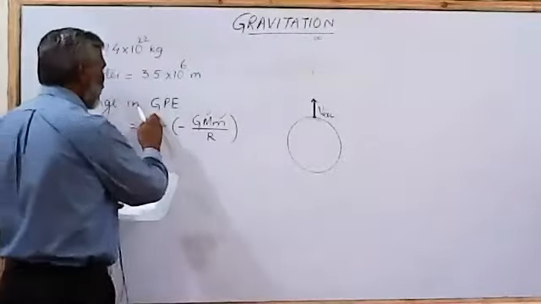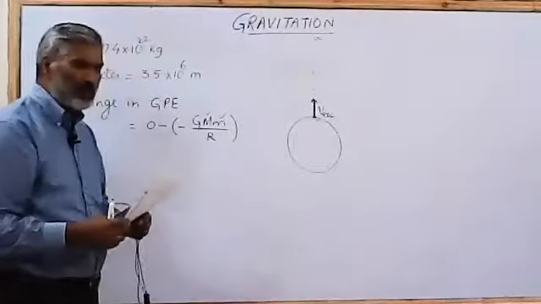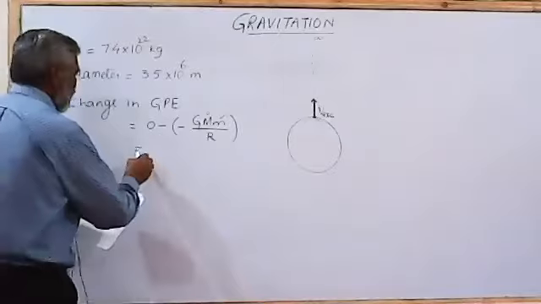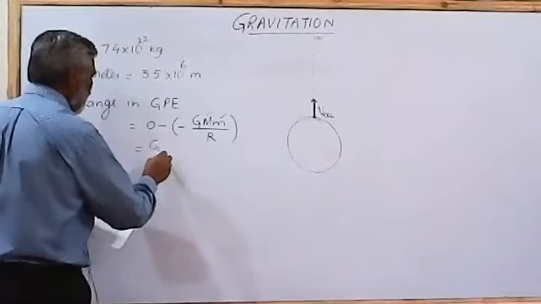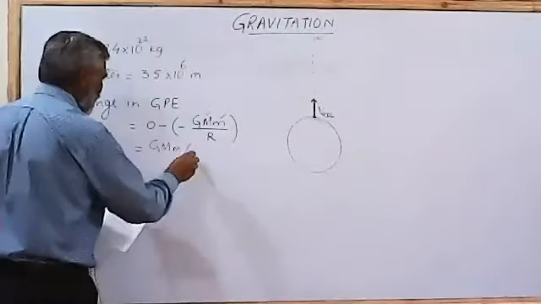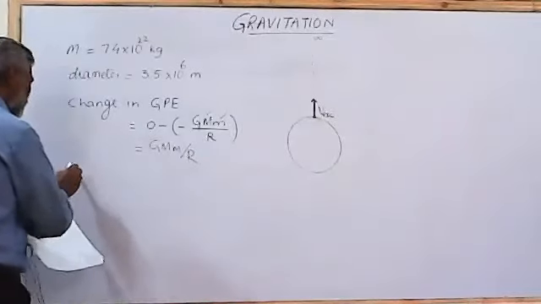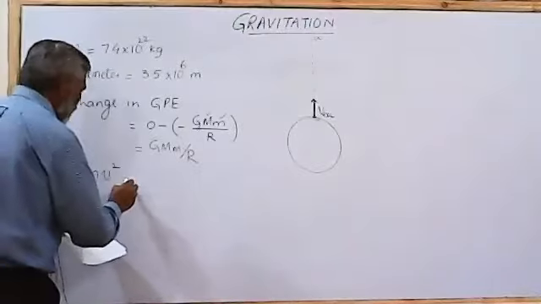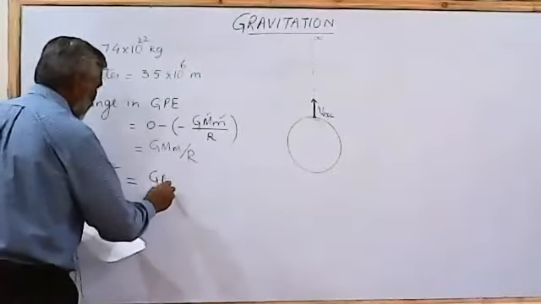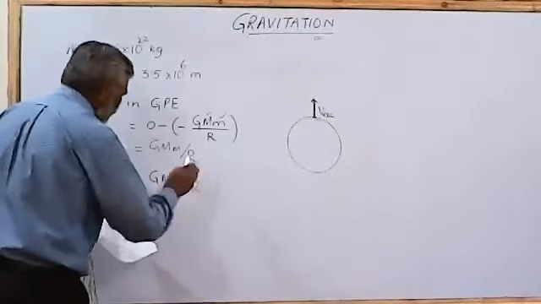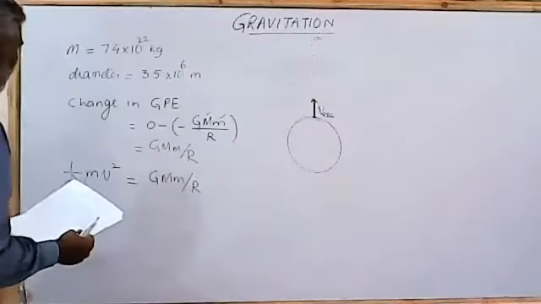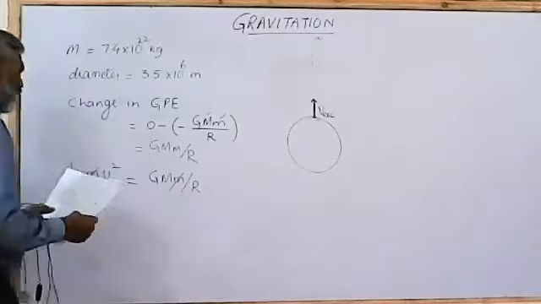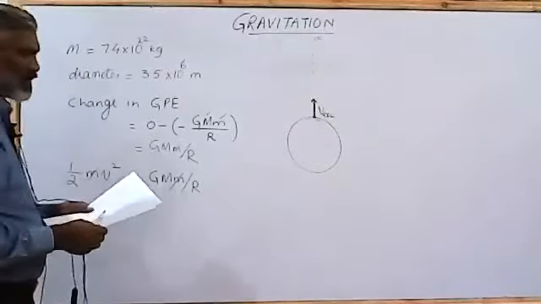All this change in gravitational potential energy must be equal to the initial kinetic energy at the surface. So after simplification, it becomes GMm over R. This must be equal to initial kinetic energy at the surface of the Moon. So half mv square must be equated to GMm over R. In escape speed, mass of the object does not matter.